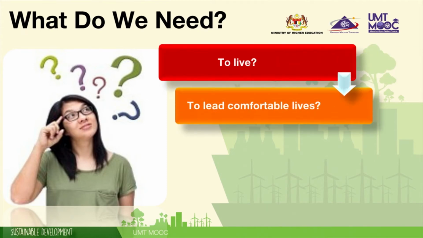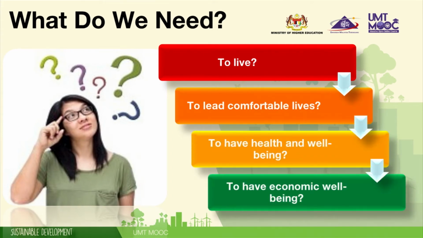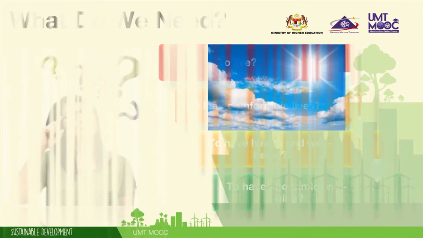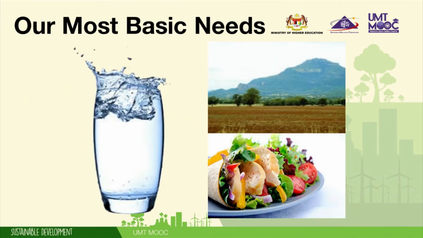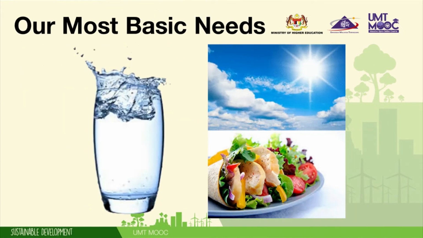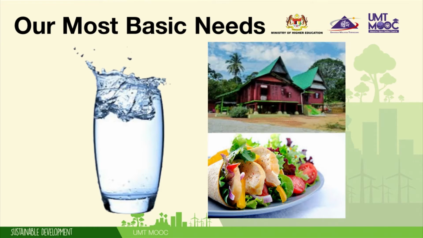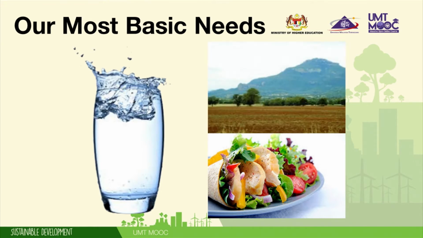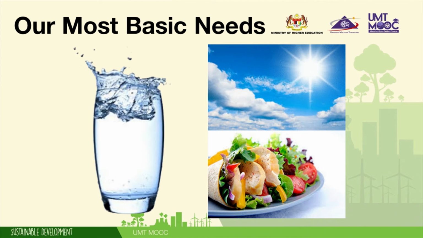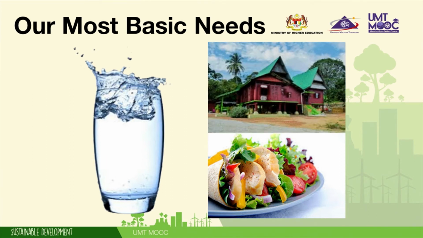Of course, everybody wants to live in comfort, healthy, and economic well-being. We also need enough of all these basic items such as water, oxygen, food, and shelter in order to keep humans alive. So, it is our responsibility to preserve them for the present and for the future generation.